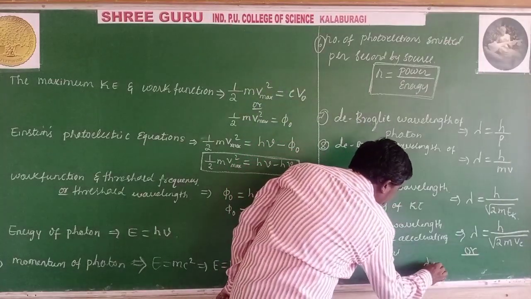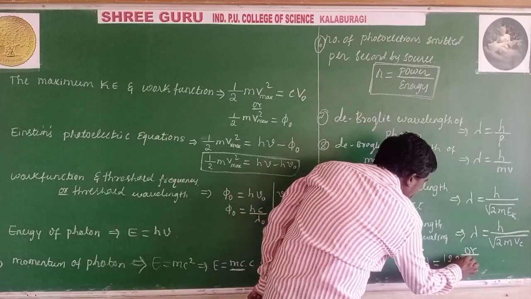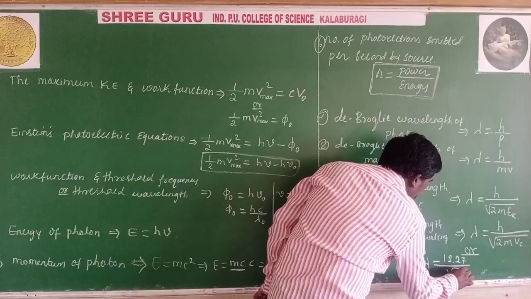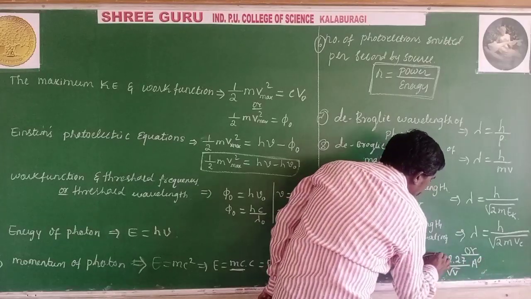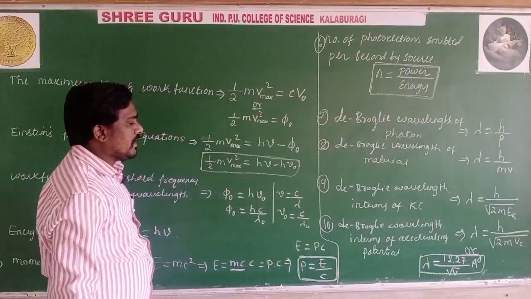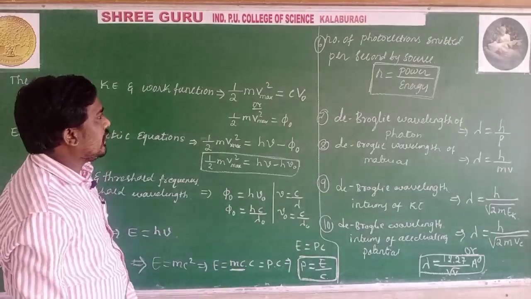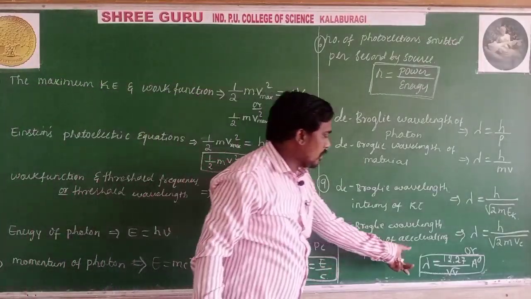just keep in your mind lambda is equal to 12.27 by under root of V angstrom. How did we get this 12.27?